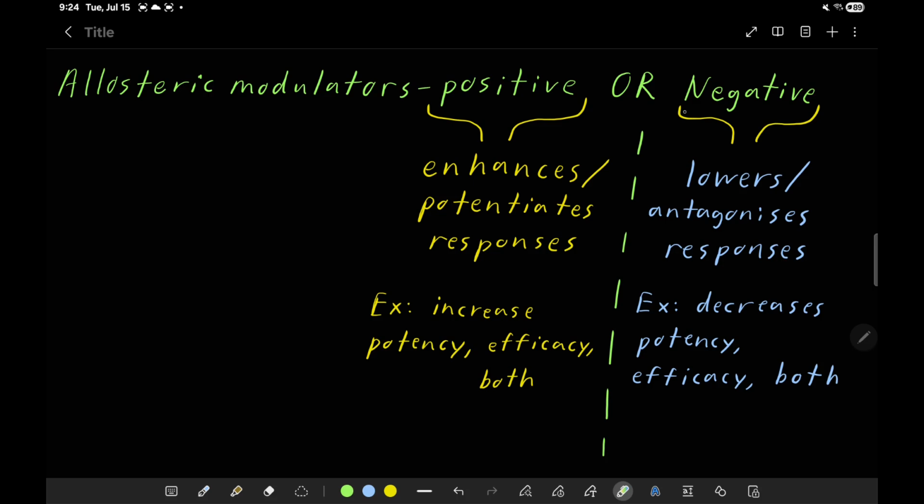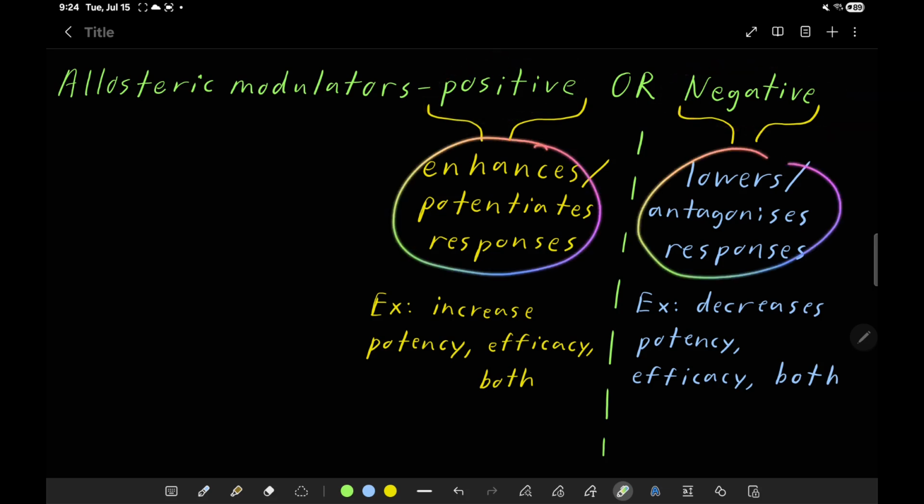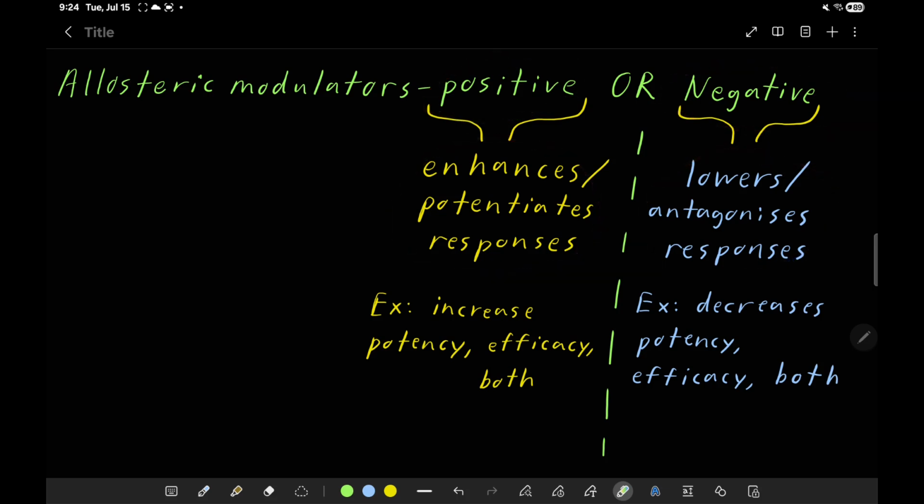Allosteric modulators can also be negative modulators, and as the name suggests, these lower or antagonize responses. So for example, they may decrease potency or decrease efficacy, or both. So you have positive and negative allosteric modulators that can enhance or antagonize your cell's responses.